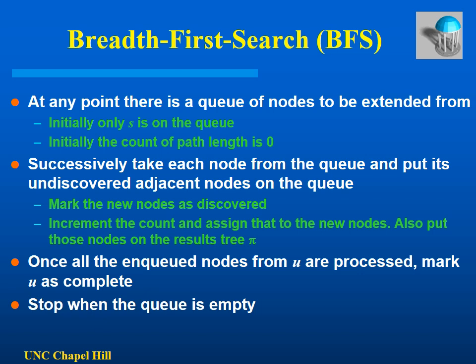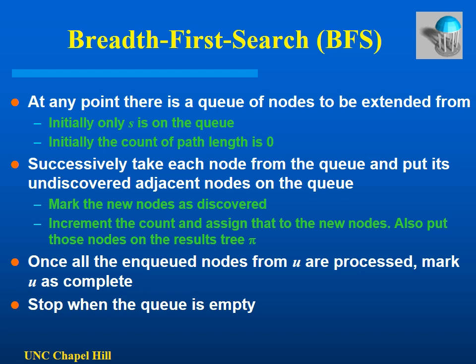The algorithm works by taking each node from the queue and putting its undiscovered adjacent nodes on the queue. Undiscovered meaning it's not gray and it's not black. That is to say, it's white. We'll be marking the new nodes as discovered. We've seen them now.